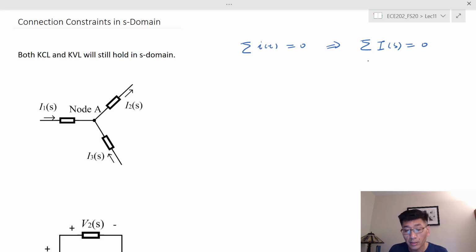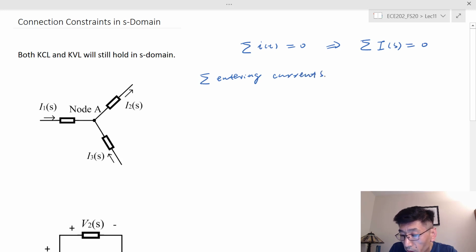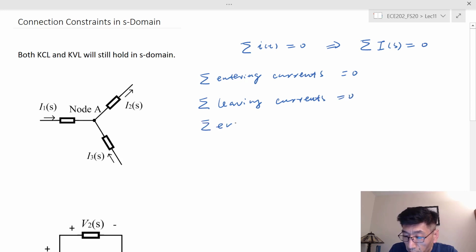So there are three different flavors, and the first one is the sum of the entering currents equal to 0, right? Or the sum of the leaving currents equal to 0. Or the sum of the entering currents equal the leaving currents.